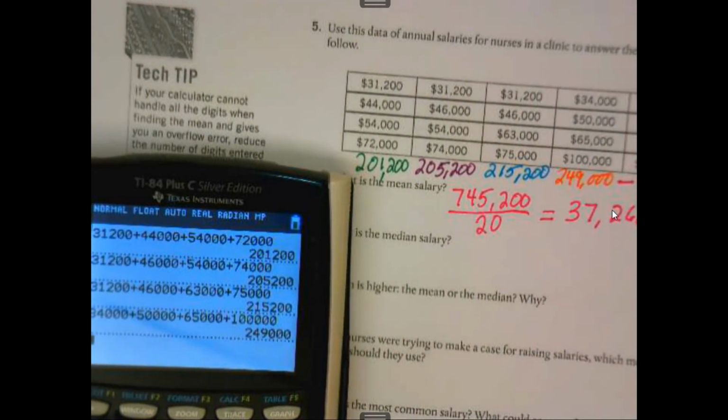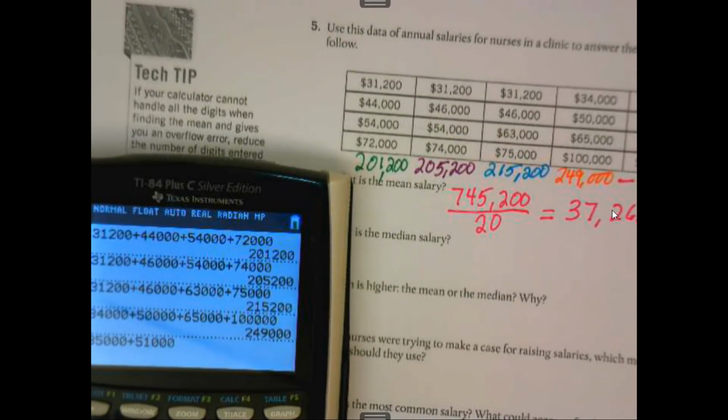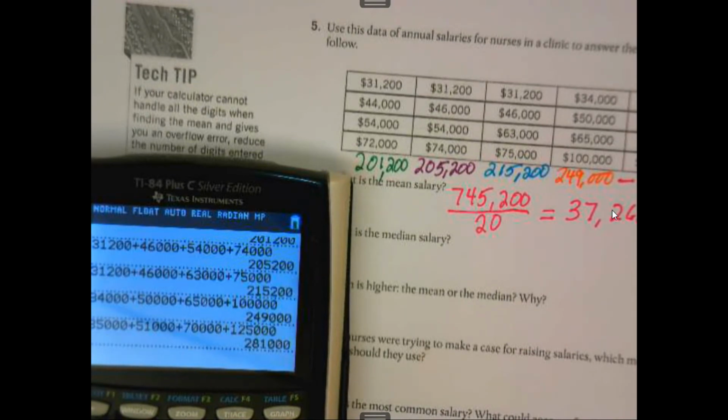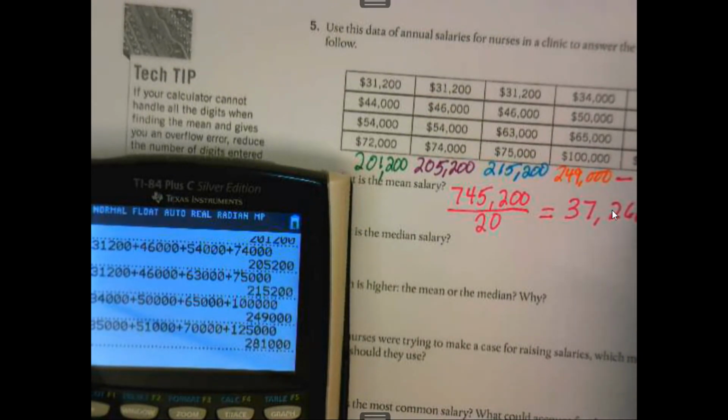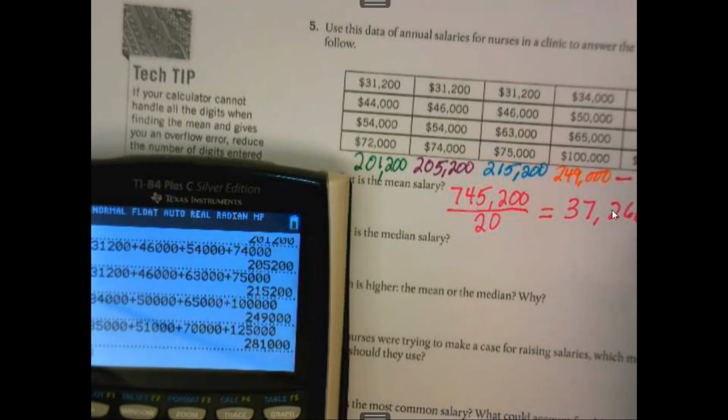And the last column, 35,000 plus 51,000 plus 70,000 plus 125,000 gives me 281,000.